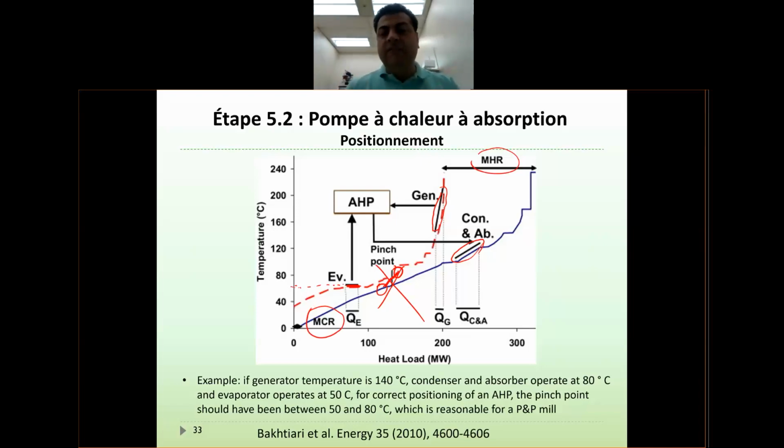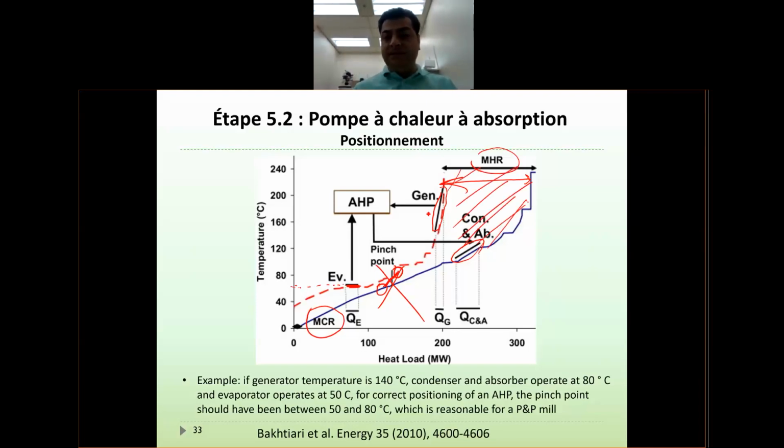Because without the heat pump, if you just do a regular pinch analysis, this, as it is shown, is the energy that you need from utility to heat up these cold streams here.